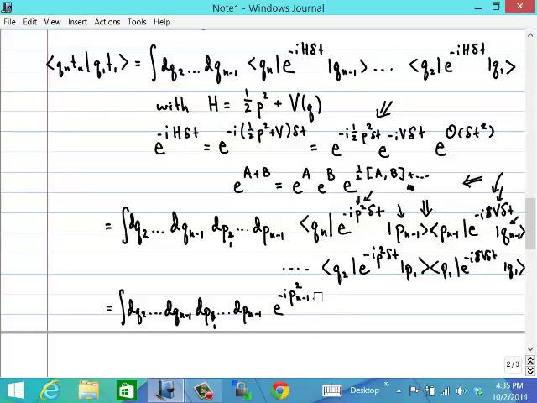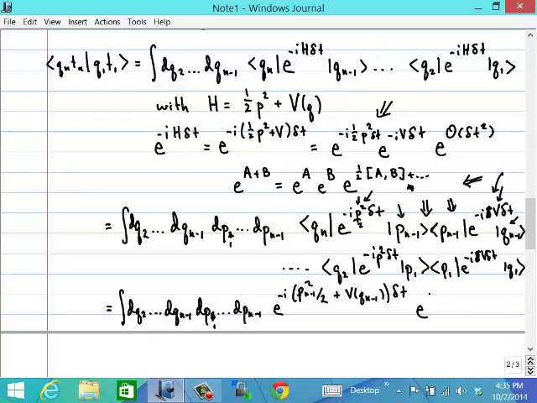So let me just collect all of those terms. Oh, there's an over 2 here. So minus i times p n minus 1 squared over 2 plus v of q n minus 1, all times delta t. And then I have the wave functions, so the overlap between qn and p n minus 1, and the overlap between p n minus 1 and q n minus 1 here.